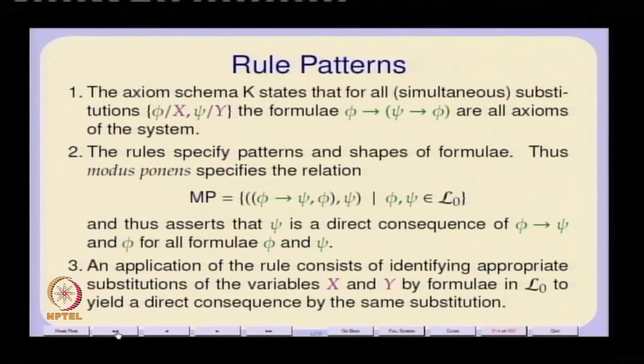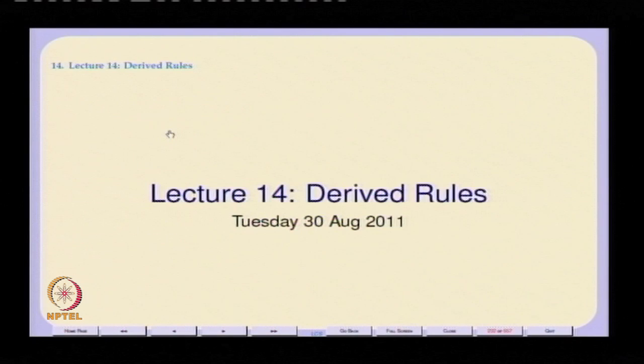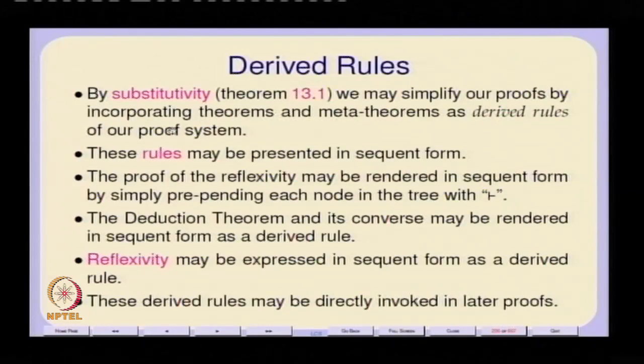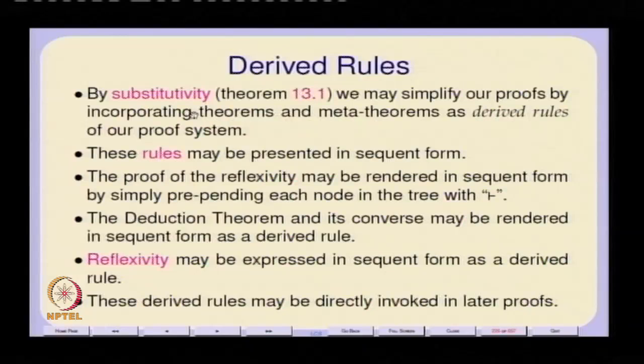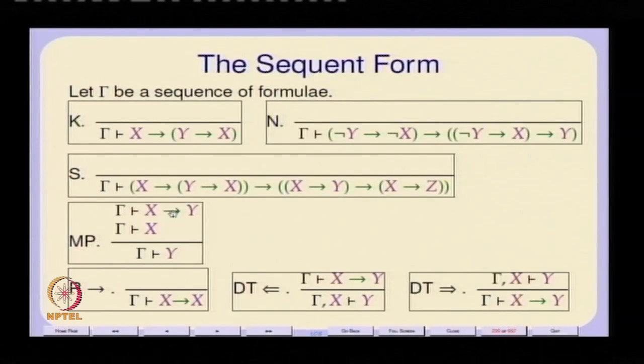Okay. Then we also showed certain important properties about formal theories and about the Hilbert style proof system. We showed for convenience we could derive a large number of new rules, we could use them, you could essentially plug in the proofs, and therefore the substitutivity of rules, and we showed a convenient way of introducing assumptions and discharging assumptions through the deduction theorem, and its converse.